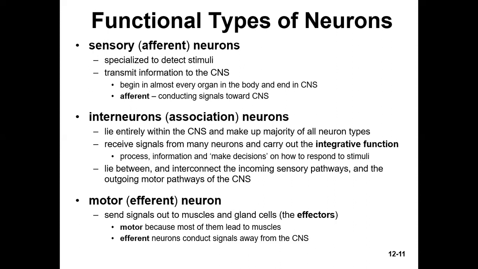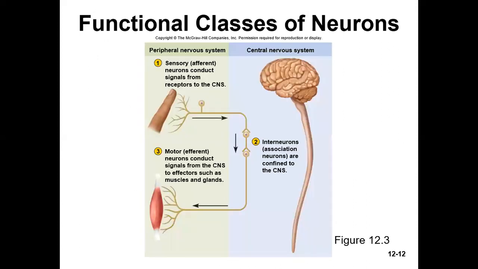But it also can go to glandular tissue. An efferent neuron will conduct the signal away from the central nervous system. So the motor neuron does the job after it's been commanded by the central nervous system, after the central nervous system has done its decision making.